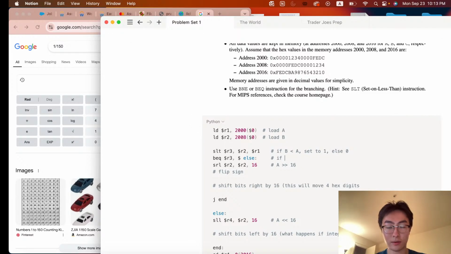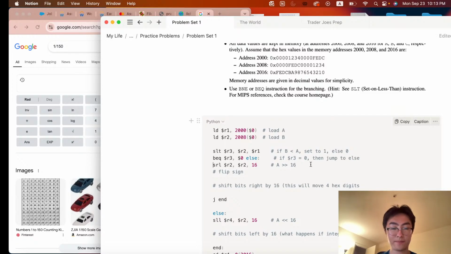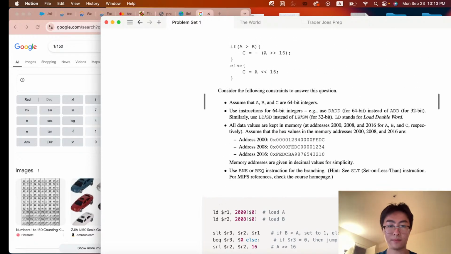If R3 is equal to 0, then jump to else. Okay, so I think this is shift right logical. We do the shifting here of A, and let me see.